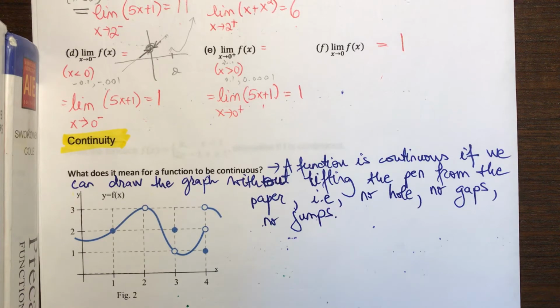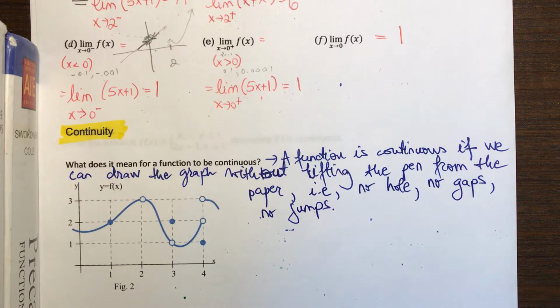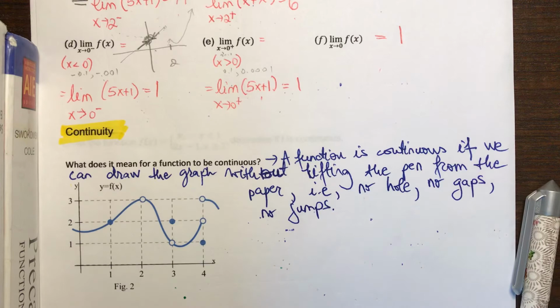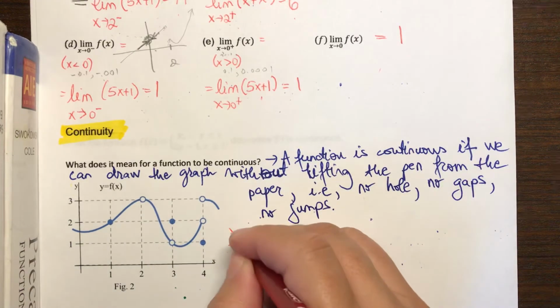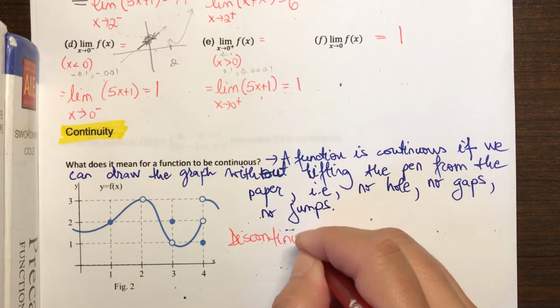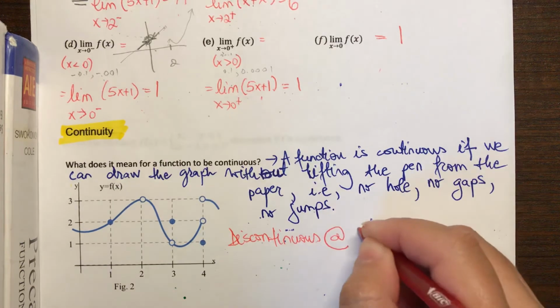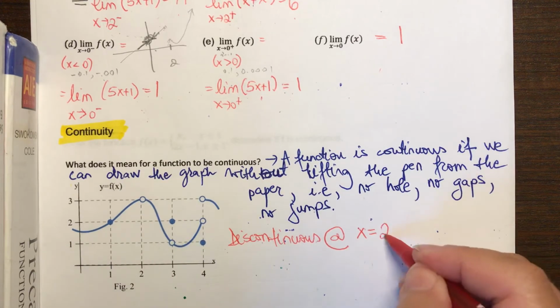Okay, so when you look at this graph right here, where are the discontinuities? So where is the function not continuous? Also called discontinuous. So this function is going to be discontinuous at what x equals to what? Where do you see a hole or a jump? I see a hole at x equals 2.